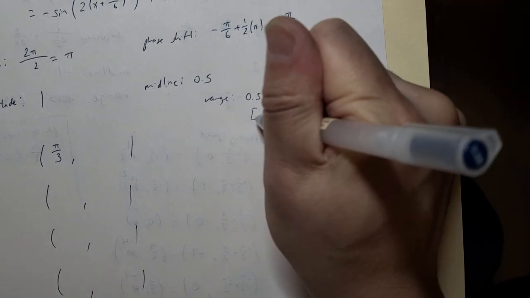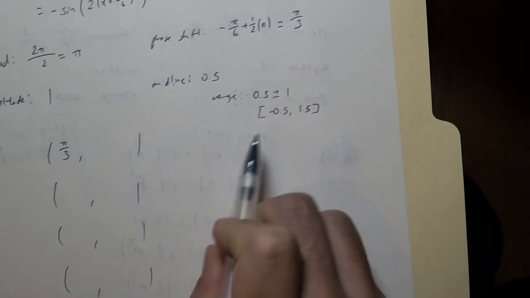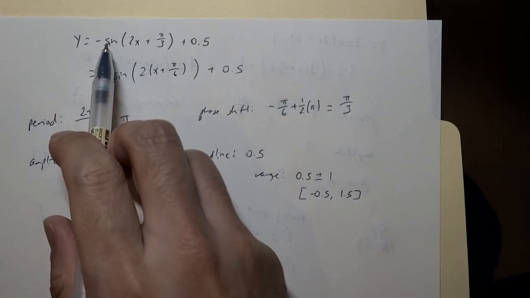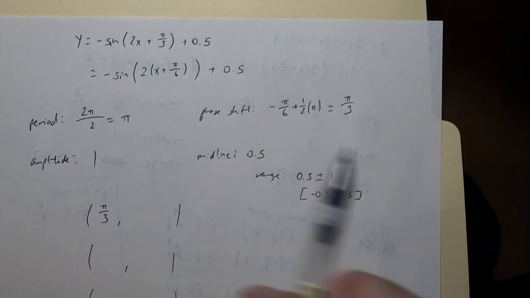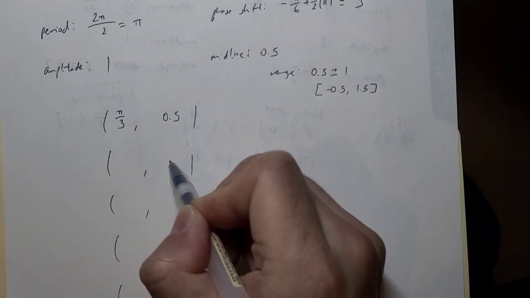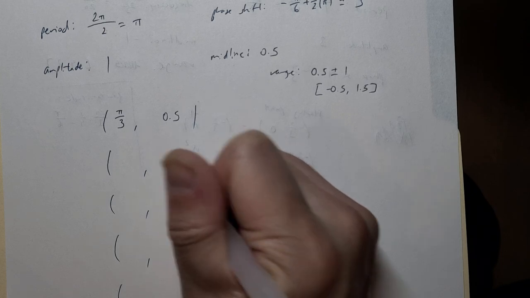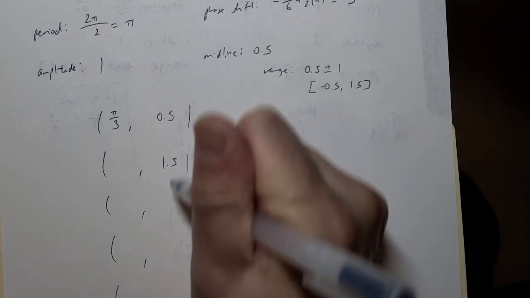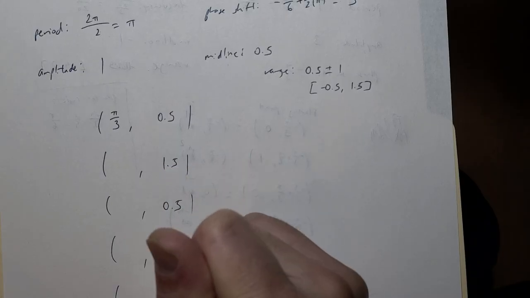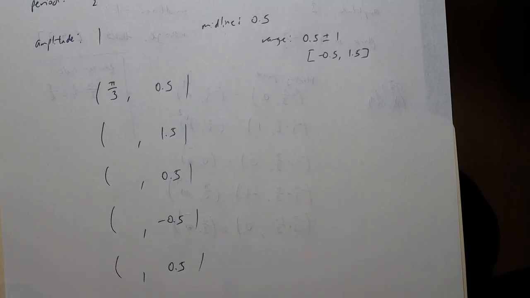So that means it's going to go from minus 0.5 all the way up to 1.5, okay? So sine starts at the mid. So this is going to be 0.5. It goes up to the max a quarter cycle later, so 1.5. Goes back to the mid, goes to the min, and then goes back to the mid. Okay, this is how we quickly get the y's.